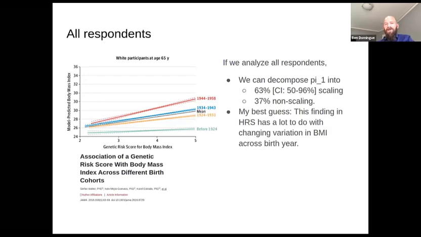The second thing I would note is that even if that's the case with the females, we can't forget that it might have to do with any number of other problems, selection being one. Also, the nature of the BMI GWAS might be such that it's more predictive in more recent cohorts, just as a function of the way the GWAS was put together. That's something Dalton has been interested in. So there are many mechanisms that could give rise to that basic pattern.